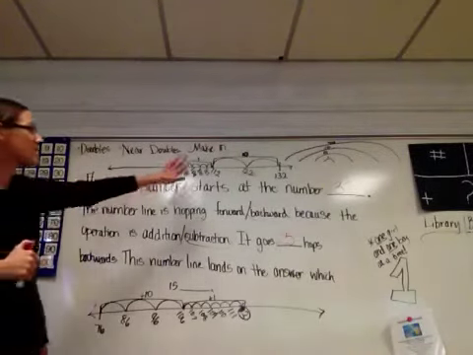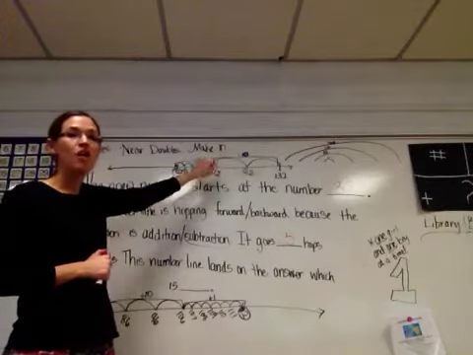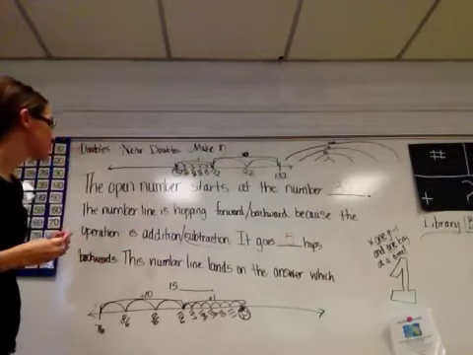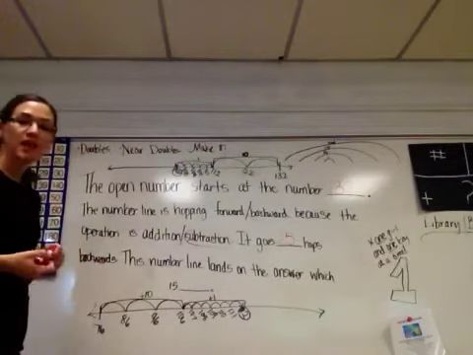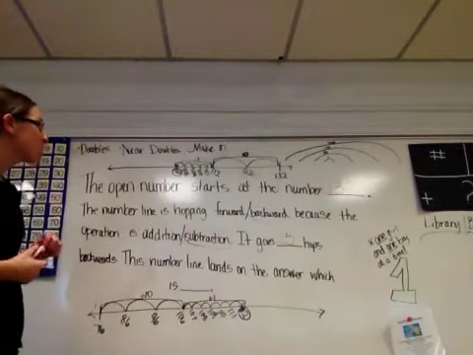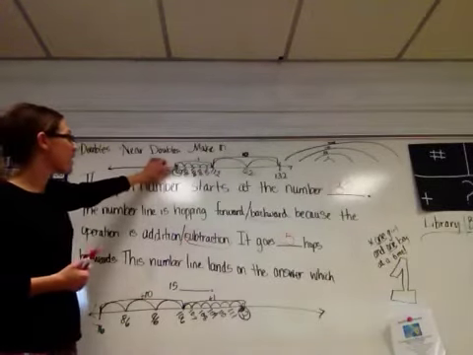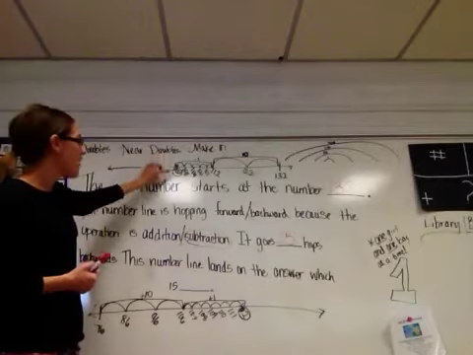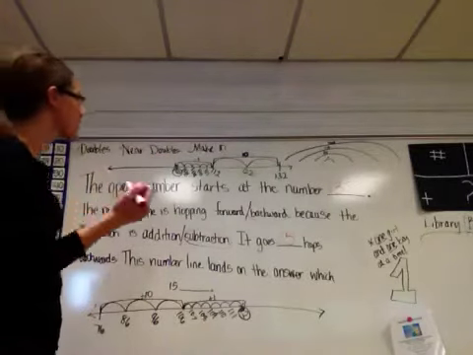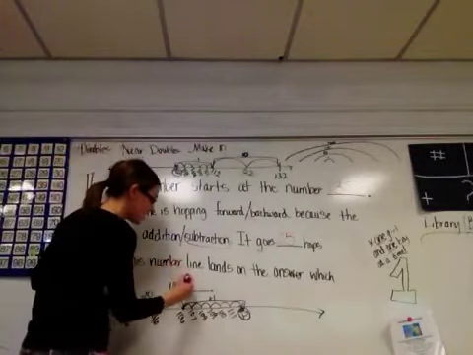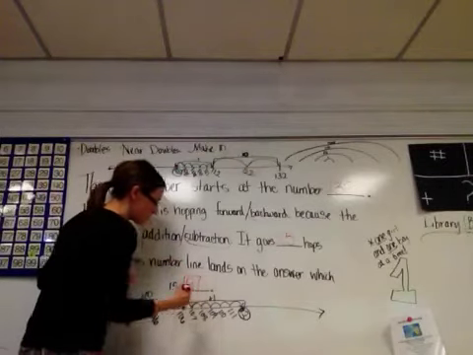Okay? And that's where we usually decompose it ourselves, but this one already has it done for you. This number line lands on the answer, which is where the arrow ends and stops. And then we circled it, and if you can't see that very well, it's 107.